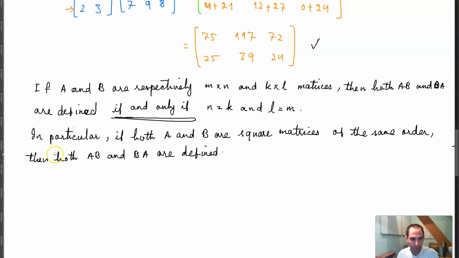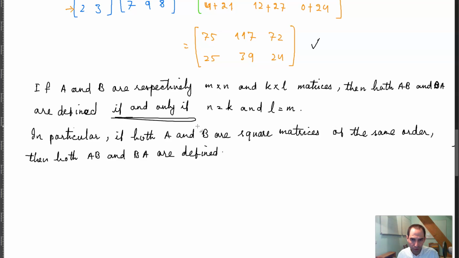So the second part is clear. It says that in particular, if both A and B are square matrices of the same order, meaning for example of order 2 or 3 or 4 or whatever the order might be, then both AB and BA are defined.